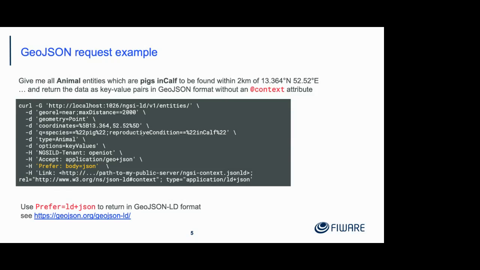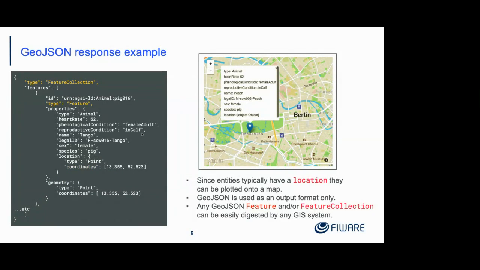And what do I get back? Well, if I have that request, I get back a GeoJSON format, and it will consist of a single feature collection because I'm doing a query request. And the single feature collection will have, for each animal, or each entity that fulfills the Q parameter and the GeoRel parameter, a feature.